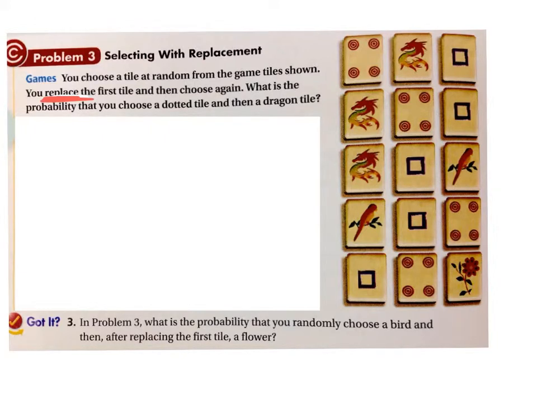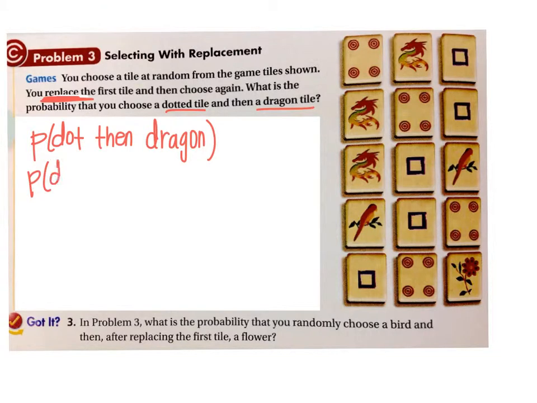What you're going to do is first figure out what they're asking you. What's the probability that you choose a dotted and then a dragon? So first you find the probability of a dotted tile. If you look, there are 4 dotted tiles, and there's 3 by 5, which is 15 total. So it's 4 out of 15.